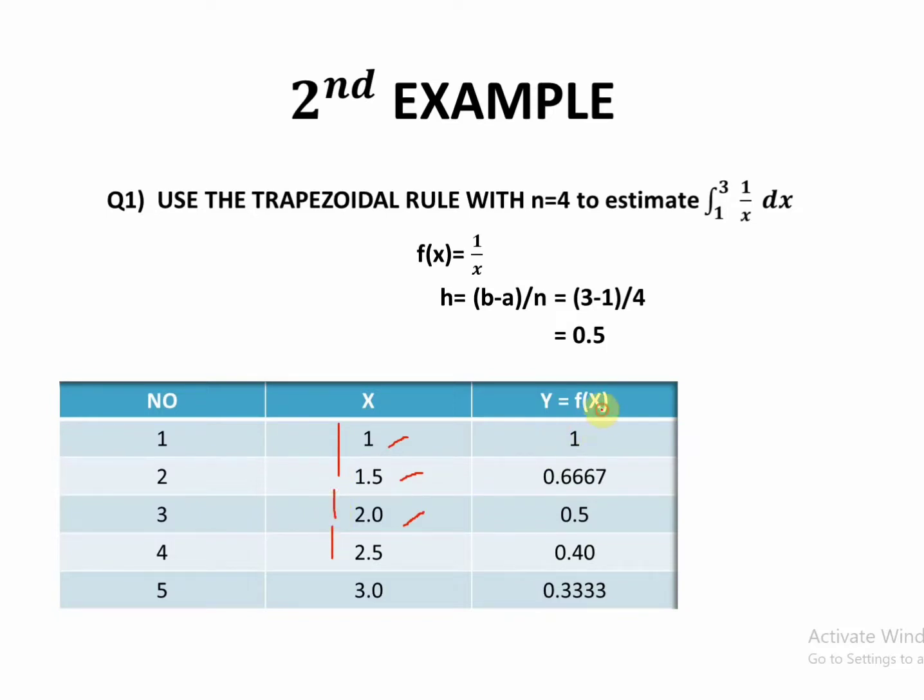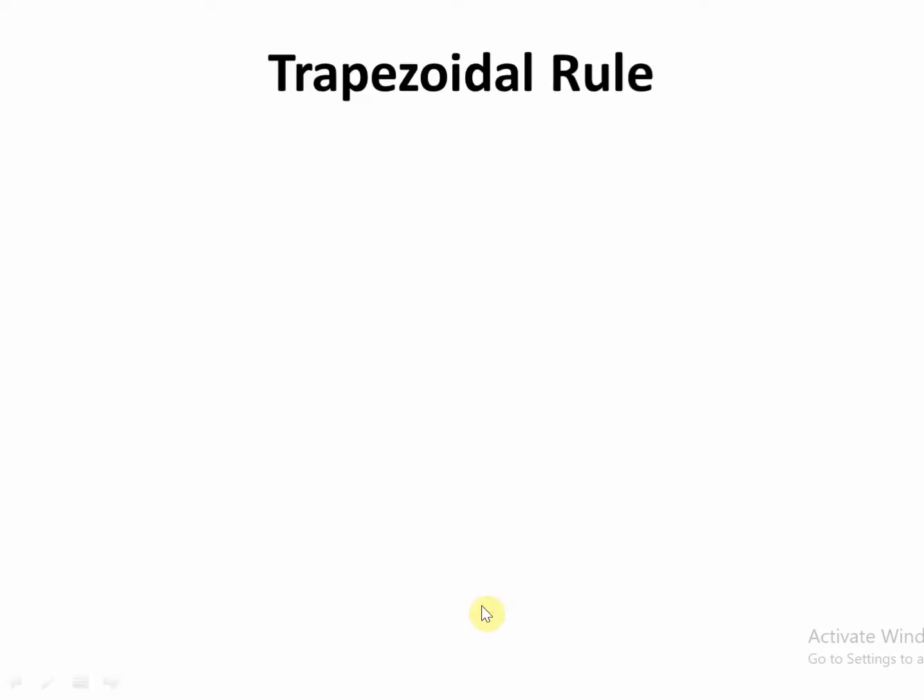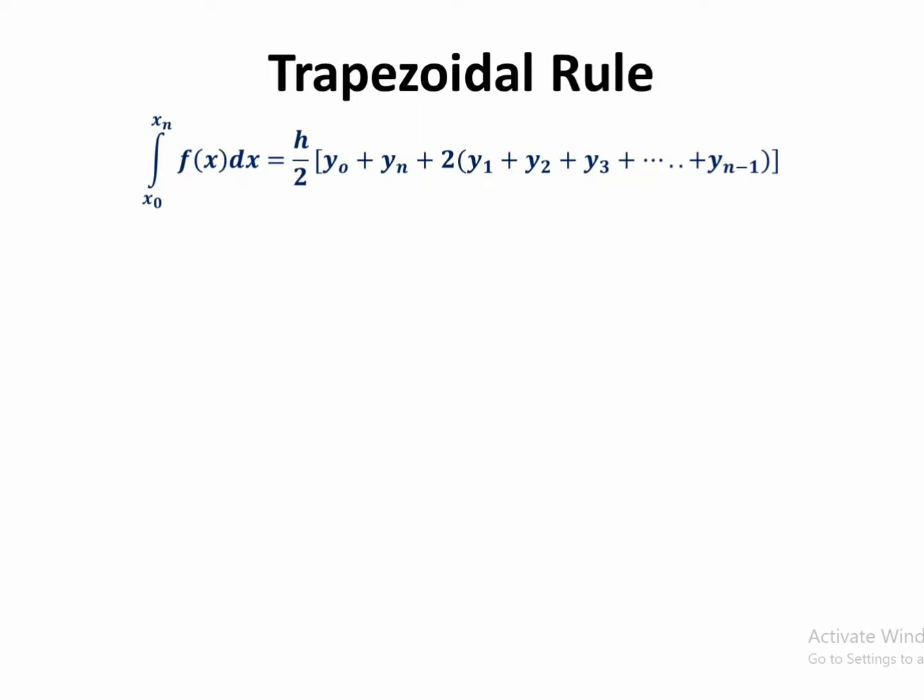Our function is f of x equal to 1 by x. By putting the value of x, you can find the value of y. So 1 upon 1 is 1, 1 upon 1.5 is 0.667, 1 upon 2 is 0.5, 1 upon 2.5 is 0.4, and 1 by 3 is 0.333.